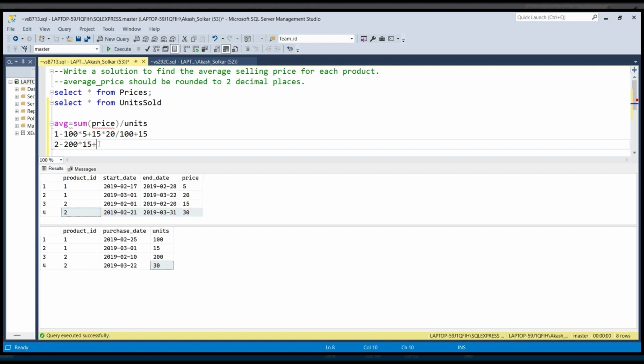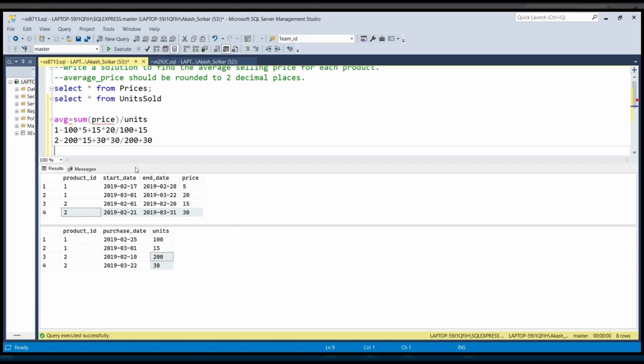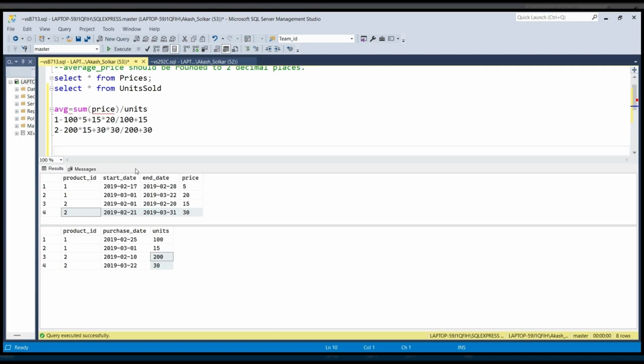So 30 into 30, divided by how many units were sold for product ID 2. For product ID 2, how many units sold? 200 plus 30. So let's learn with an SQL query how we are going to achieve this output.